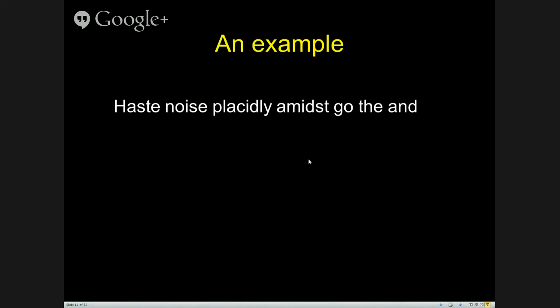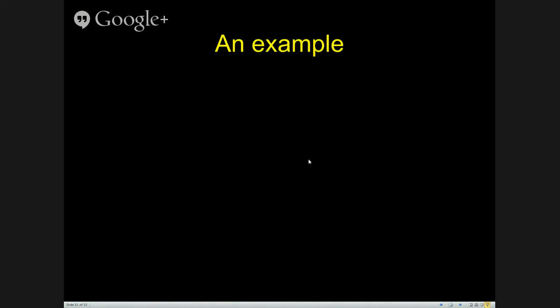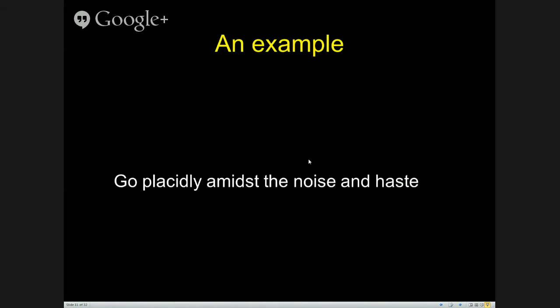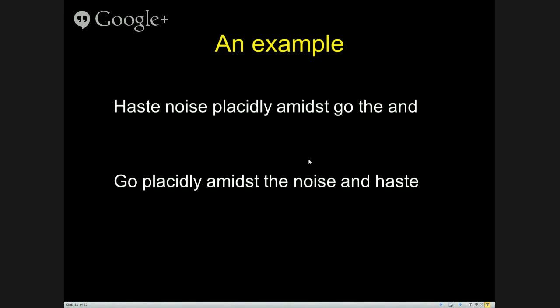Okay. Now I'm going to rearrange the order of those words. I'm going to ask you to read them again. Ready? Go placidly and miss the noise and haste. So, which of the two do you think went faster? The second one. Why do you think it went faster? I think it made sense. It makes sense because the words were organized in a logical sentence, the subject, a verb, in a way that makes sense.